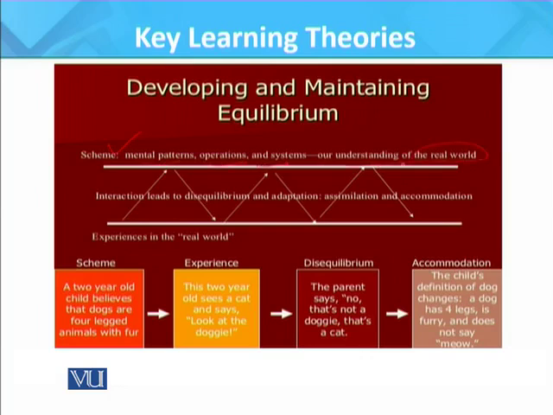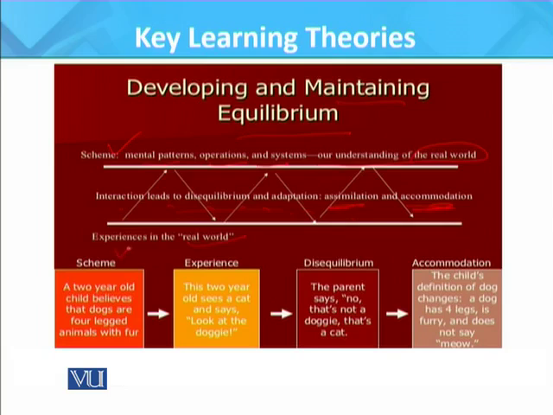And then you have the experiences in the real world. Interaction leads to disequilibrium and adaptation, and the roles played by assimilation and accommodation are pivotal in maintaining the equilibrium. How are we going to understand that?